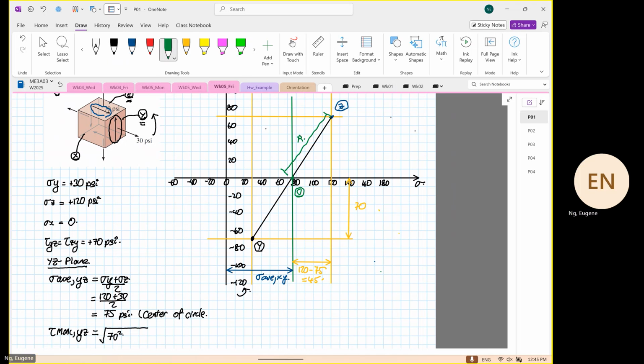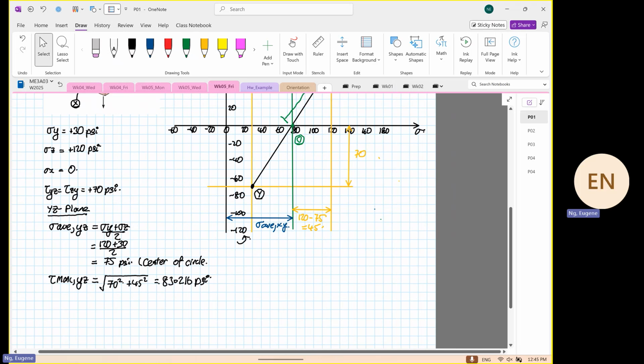So this will be equal to plus 45 squared. So 70 squared plus 45 squared, square root the whole thing, is 83.216 psi.